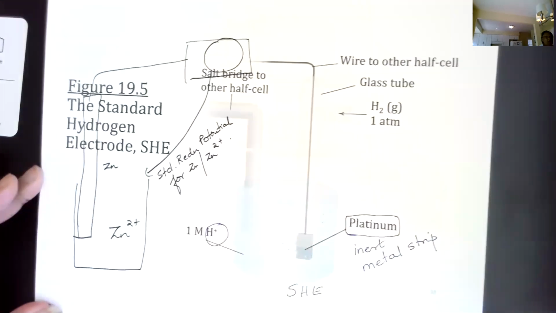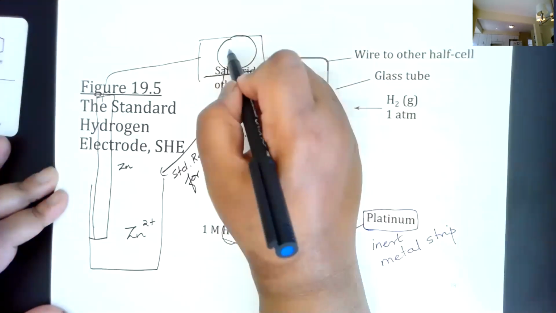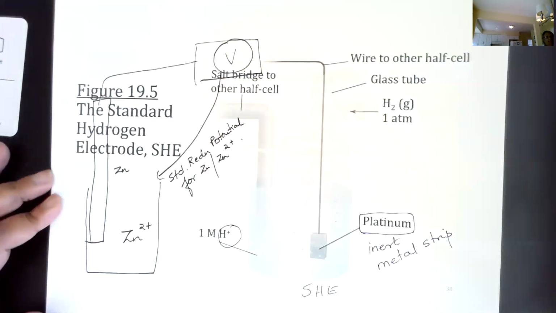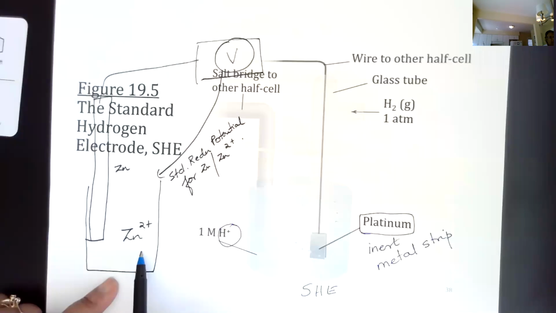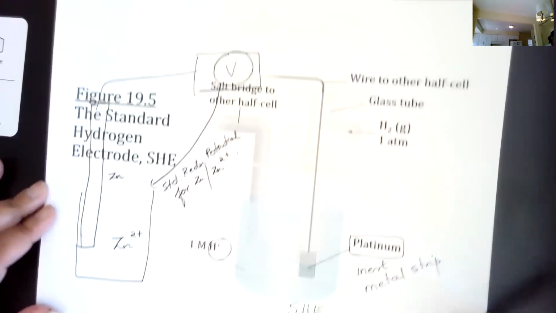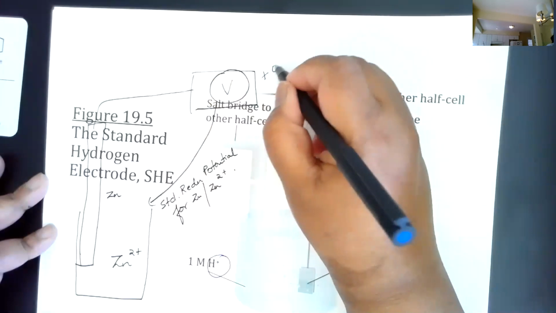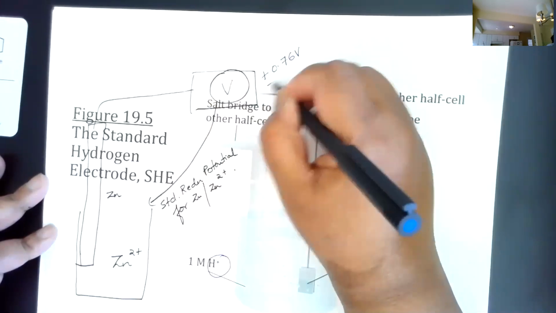Okay. So then whatever the voltmeter reads, that is assumed to be the reduction potential for zinc, because this is set equal to 0. So the voltage here will read as plus 0.76 volts.